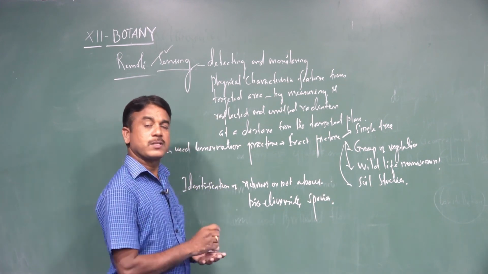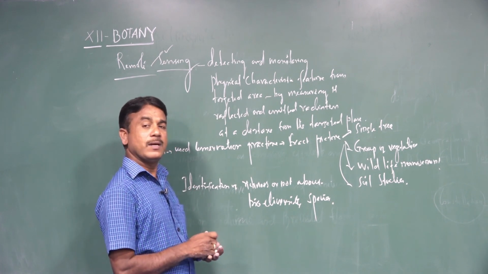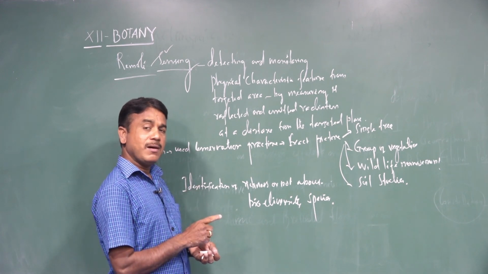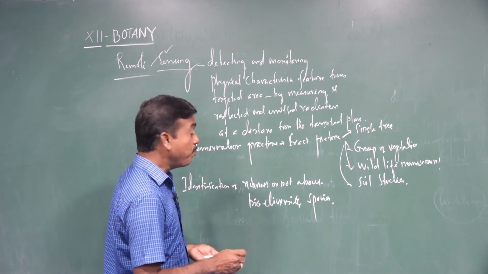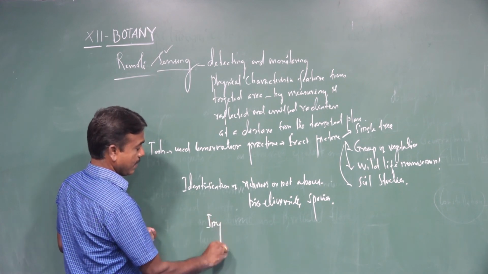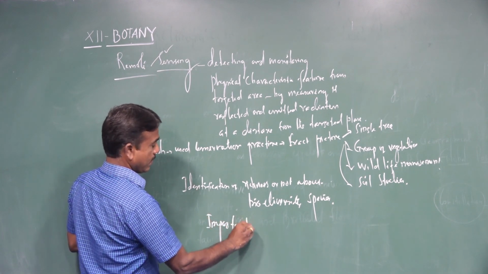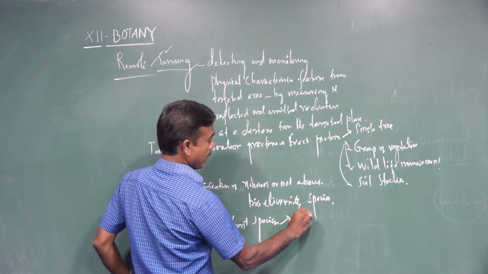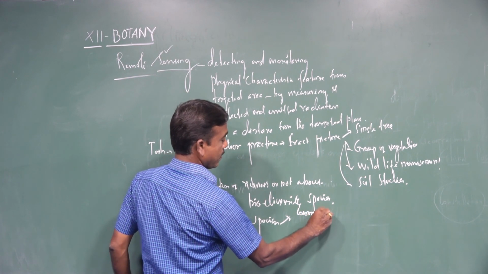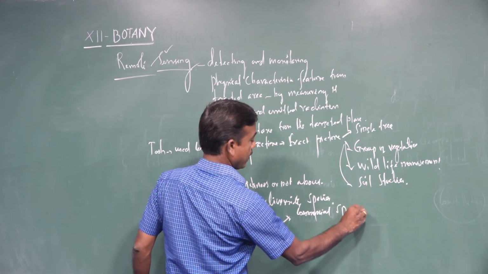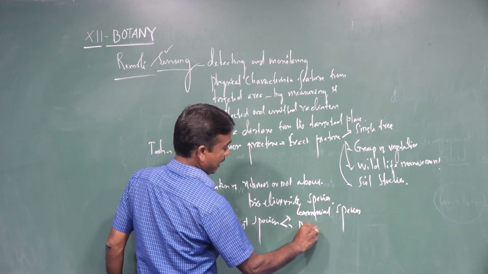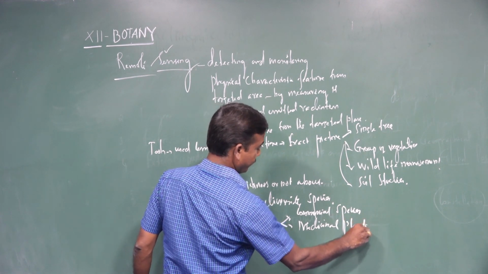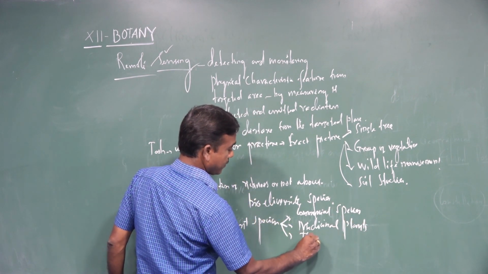For future work or future plans, the aim of remote sensing is conservation and maintenance of some of the important species, such as commercial species, medicinal plants, and threatened plants.